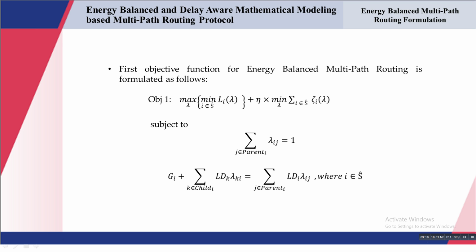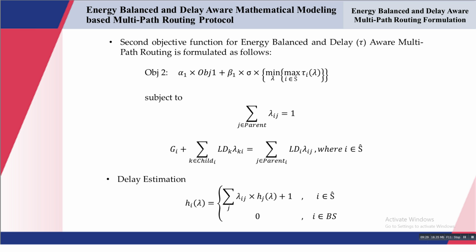And how have we catered to the problem of delay minimization? Here we have defined the second objective. The first part is the same as the first objective, and the second part says that we will try to minimize the delay value.